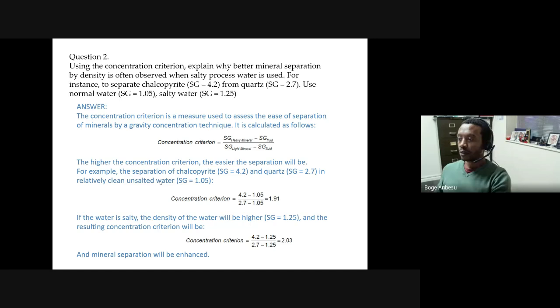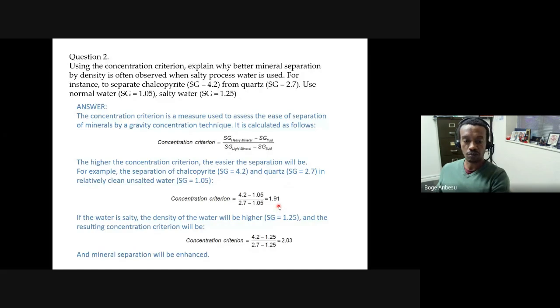Okay, again, I know this shouldn't be complicated, so that's how you could probably do it. Concentration criteria is given by this formula. For water, just use density of water given there in the question. For salty water, use density of salty water. So obviously you get different values for concentration criteria.